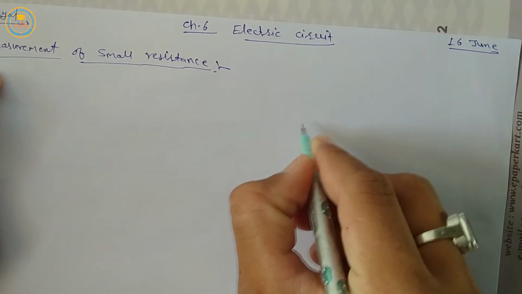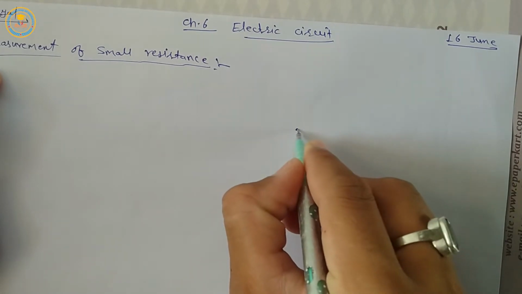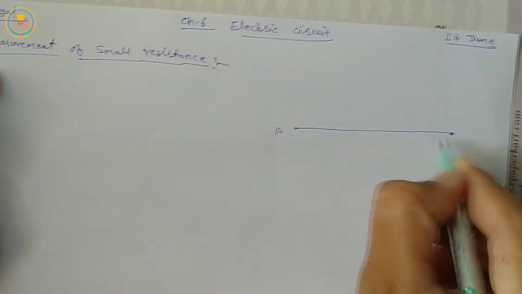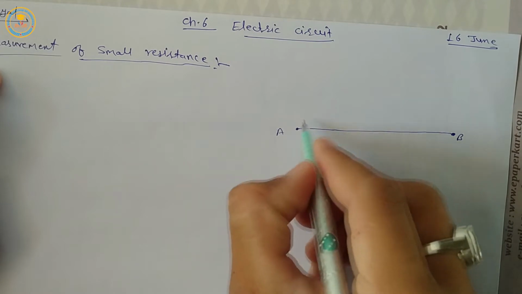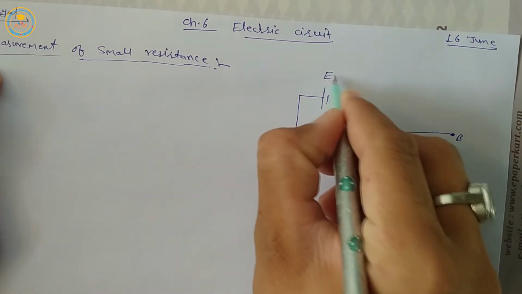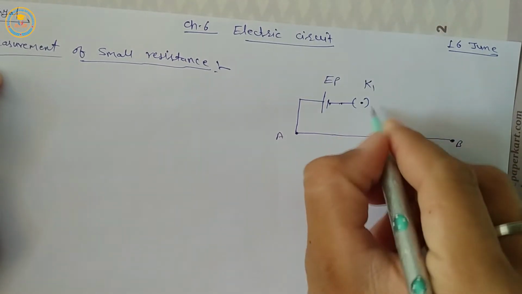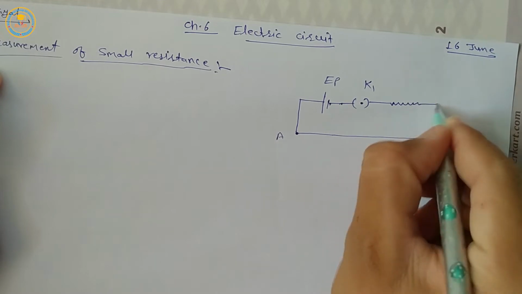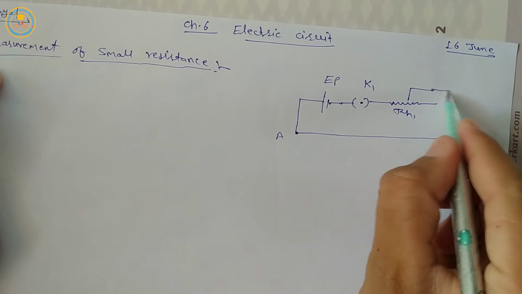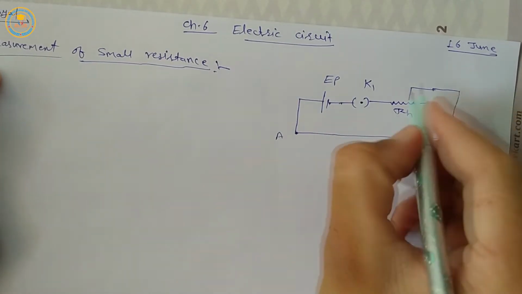Now, suppose we have a potentiometer and a cell. This is wire of potentiometer AB. A cell of EMF EP, a key K1 and rheostat RH1 are connected in series sequence in the primary circuit.